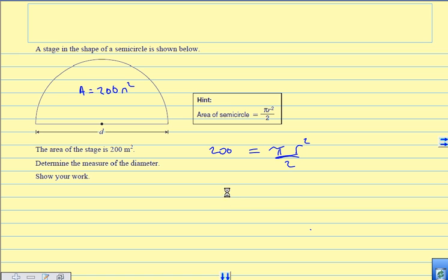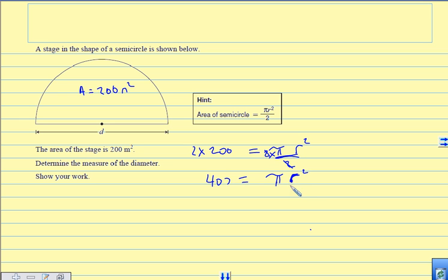So the area of a whole circle would be, well, we would multiply by 2 to get the whole circle, and we would multiply by 2 here, and then this and this would cancel, and leave you with 400 equals pi times the radius squared.